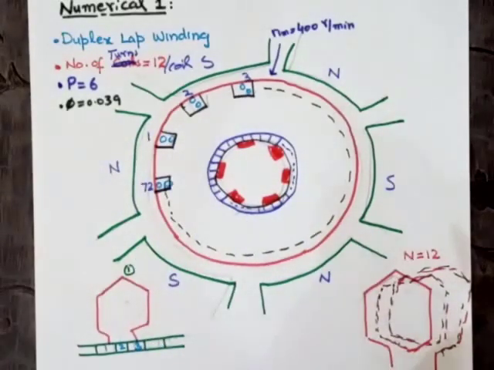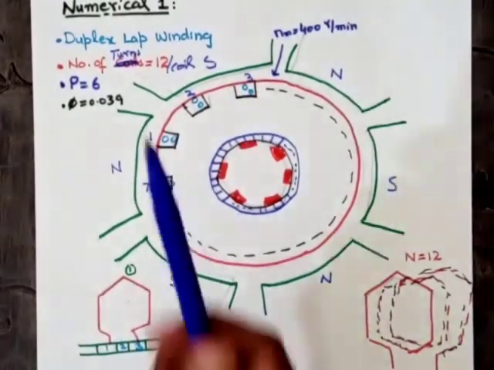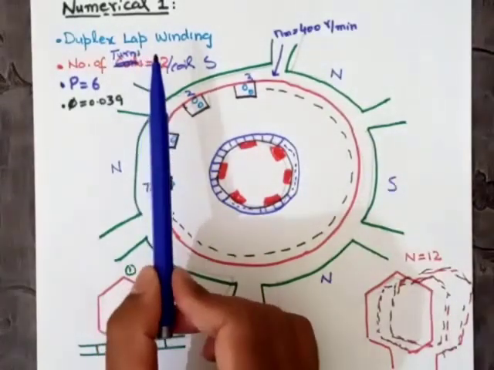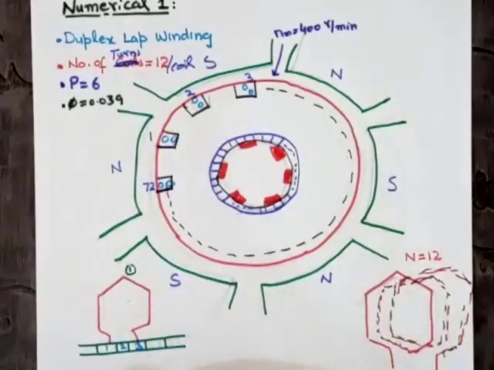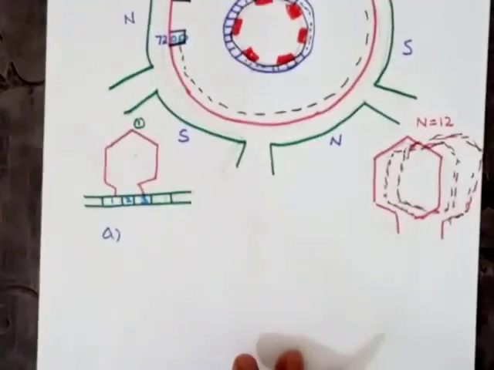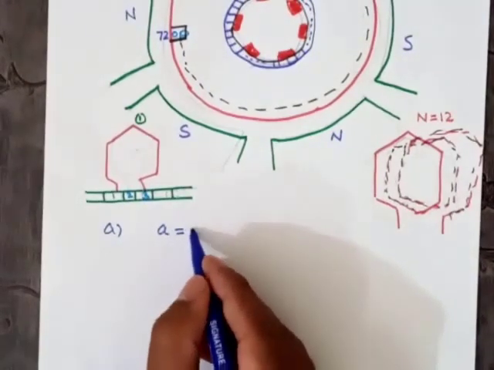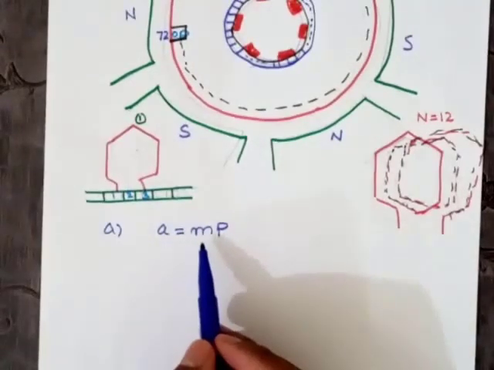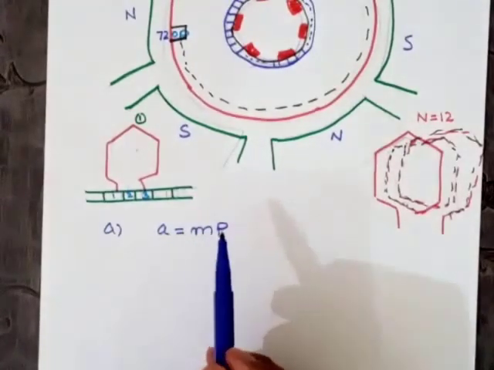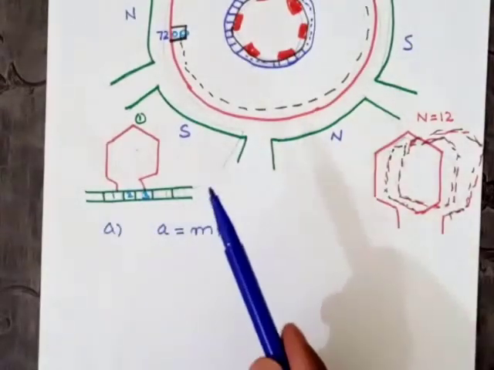The first part of the question is, how many parallel current paths are there in this machine? As we have already discussed, in case of lap winding, the number of parallel paths A is equal to M times P, where P is the number of poles and M is the multiplicity, that is, the difference between the starting and ending point of any single coil.